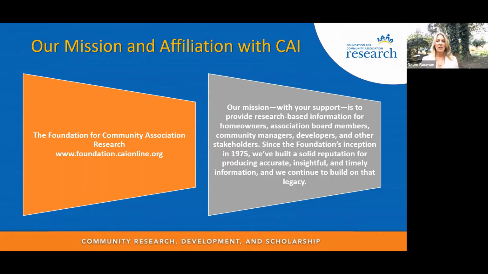We couldn't exist without our affiliation with CAI. The foundation is governed by a board of directors, and that board of directors is selected through a nomination process on the board. The governance process is separate from CAI, but again, we work closely and collaboratively.